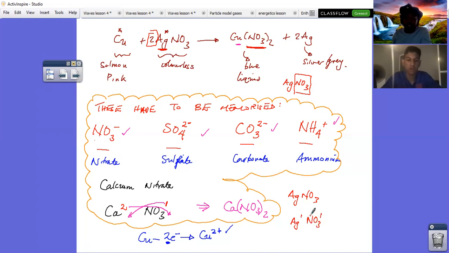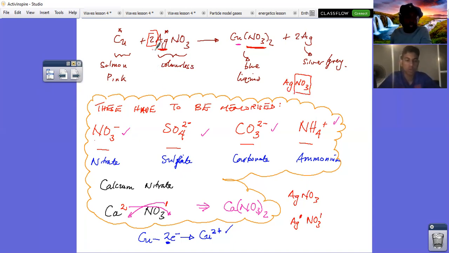It must be behaving like something in group 1. That's why these are super important, because if you can remember these, then you can work out what these metals are behaving as when it comes to displacement reactions. So it's behaving as a group 1.